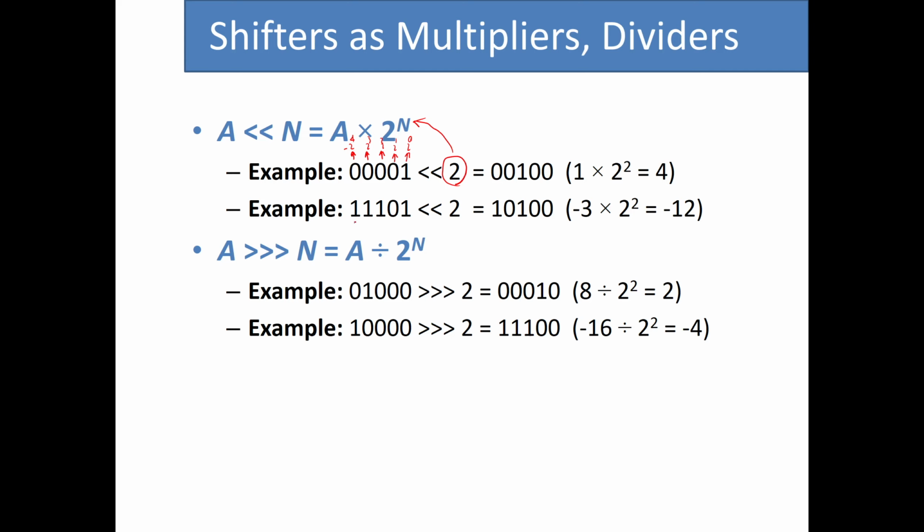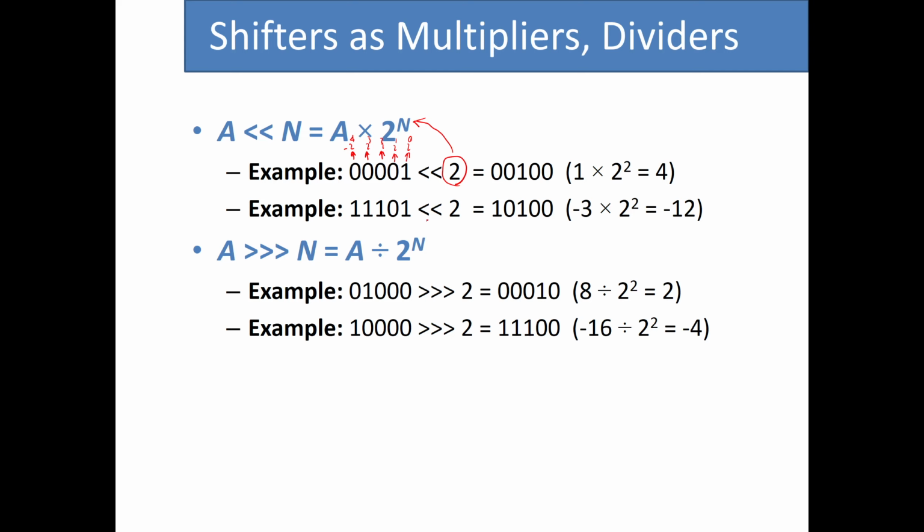As I said, let's consider these numbers to be 2's complement numbers. If you convert this from 2's complement to decimal, the value that you get is negative 3. So if you multiply this by, let's say, 4, the value should be negative 12. That's in fact what's happening here. We have 1 1 0 1, which is the 2's complement form of negative 3.